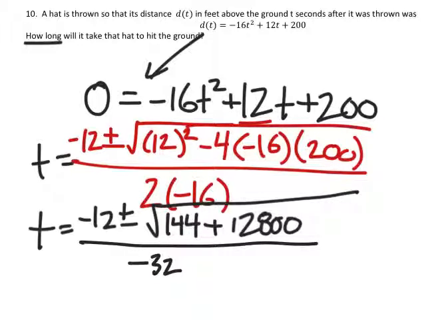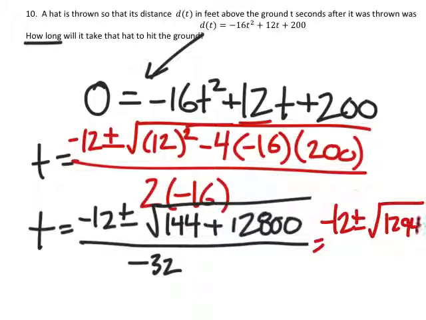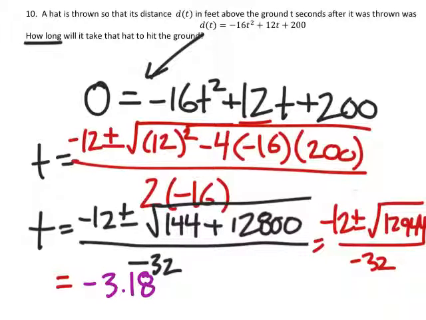And this will go ahead and equal negative 12 plus or minus the square root of 12,944 all over negative 32, which ends up being either a negative 3.18 or looks like I can get a 3.93, and these would be in seconds.